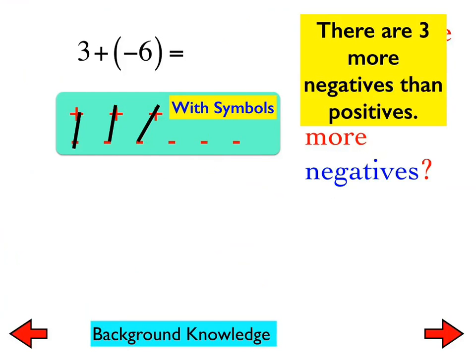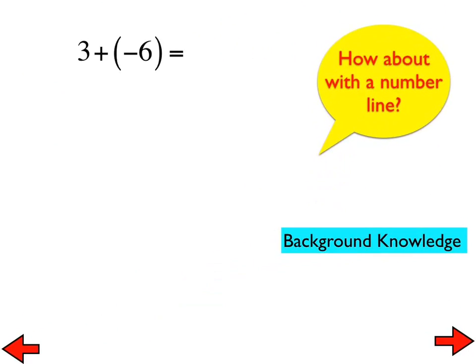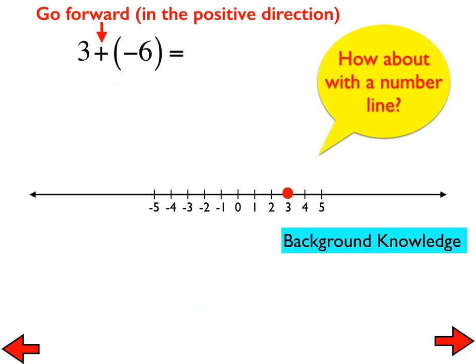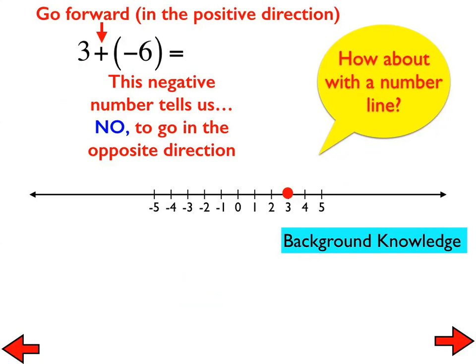And then we went to number lines, and when we use a number line, we start at the first number, which happens to be positive 3, and then the plus symbol tells us to go in the positive direction, or forwards. But then that negative symbol right next to it tells us, nope, turn around and go the other way.